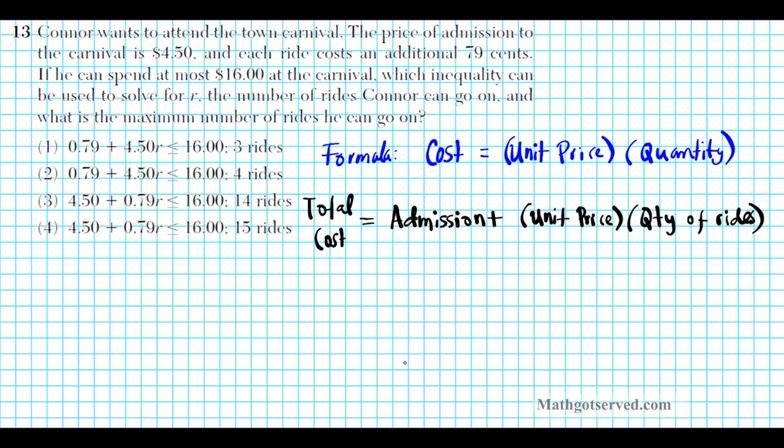All right, let's go ahead and list everything so we don't make mistakes here. Total cost is how much money Connor has. So total amount he has will be the total cost because he cannot spend more than he has. So total amount is how much he can spend at most, $16.